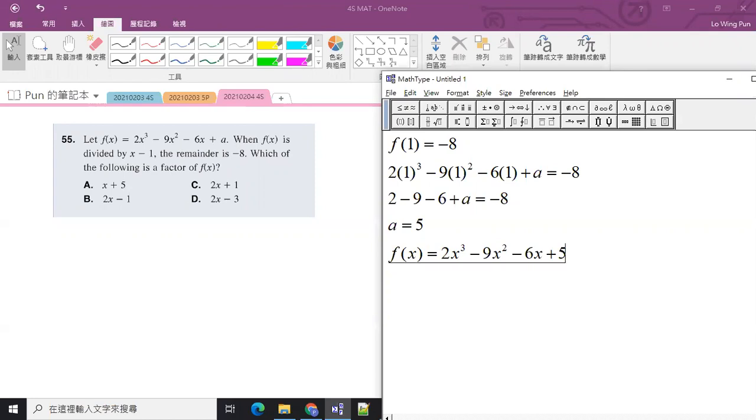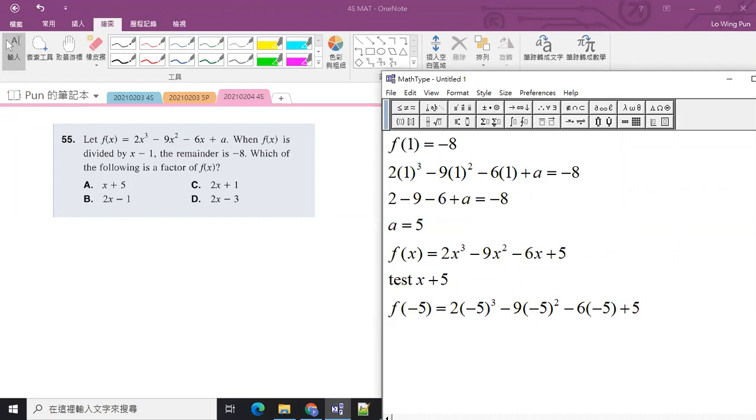And then the question asks which of the following is a factor of f(x), so we just test one by one. To test whether x plus 5 is a factor, we will find f(-5). It should be 2 times negative 5 cubed minus 9 times negative 5 squared minus 6 times negative 5 plus 5, to see whether it is equal to 0 or not.